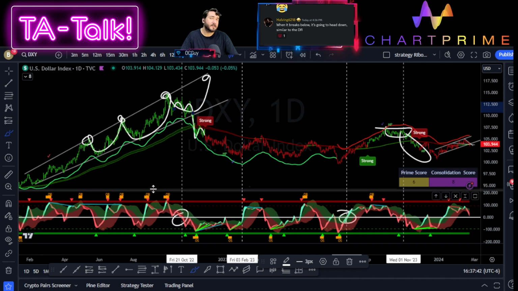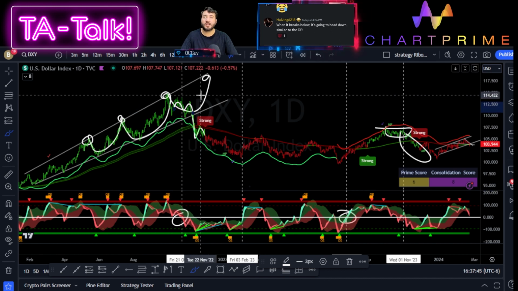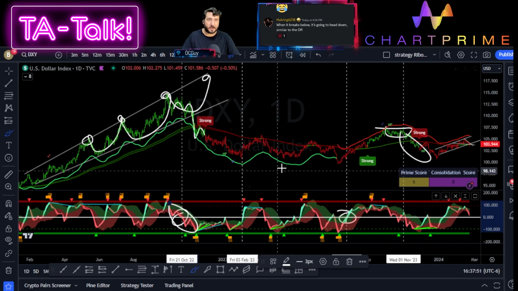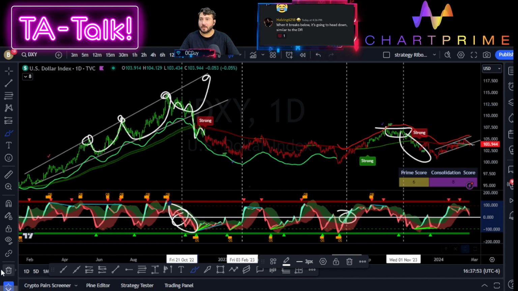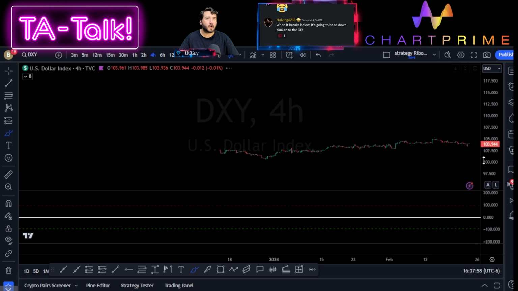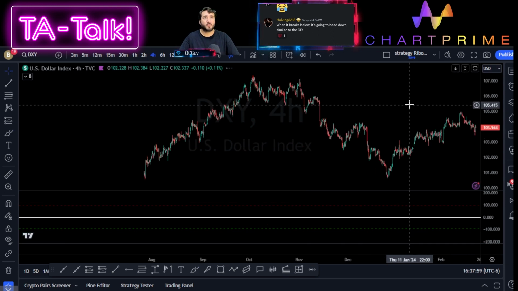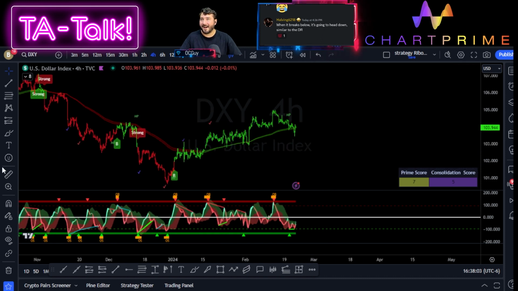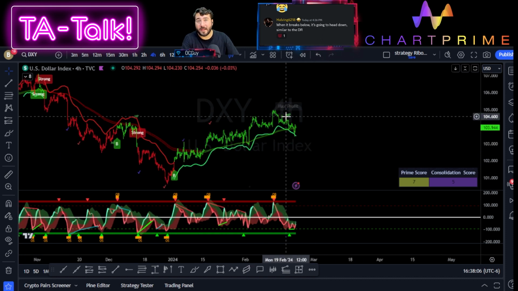So we're not reaching projected targets anymore, and we can see a decrease of momentum right there. So let's go back to 4 hours and wrap this one up. I think I have gone too far into this analysis just to prove a point, which is we could be reversing. So, what has happened right here?